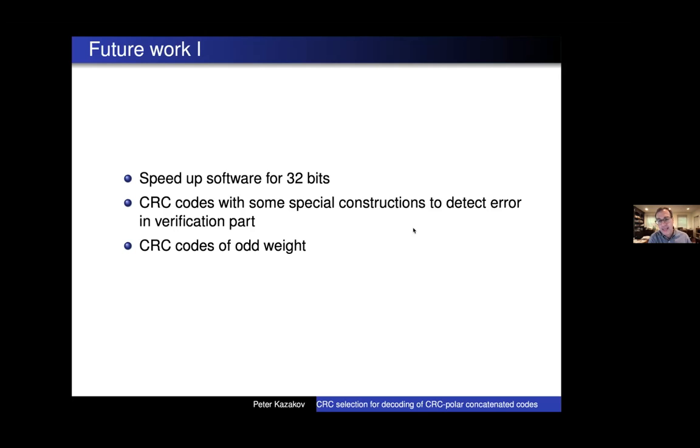But once you make the error, that creates an error in the CRC in the entire code word, which creates a different code word, a neighboring code word of the polar code. And if that neighboring code word in the polar code is far enough away, then that's not really a concern. There might be other code words that have more weight that would seem like less of a problem for the CRC code, but because they end up producing a polar code word that is a nearby neighbor, they could actually be more of a problem. Do you see what I'm saying? And is that interesting to you guys?